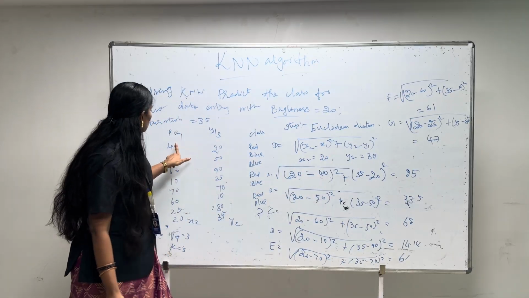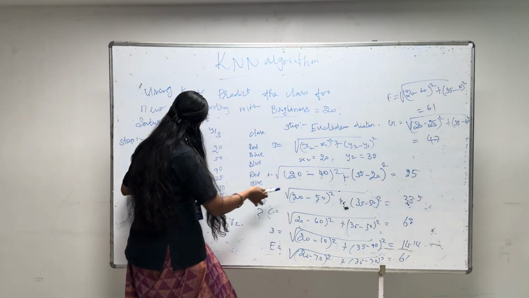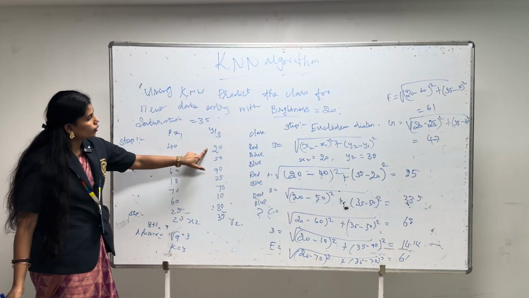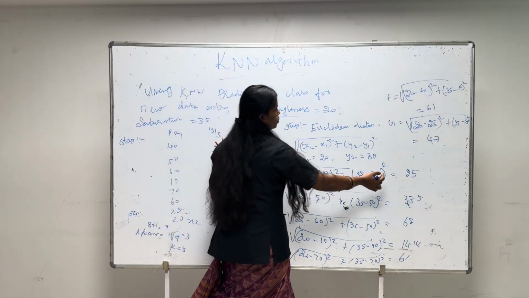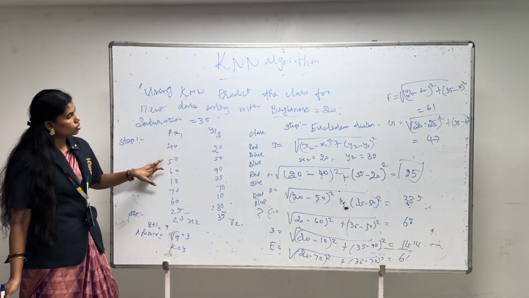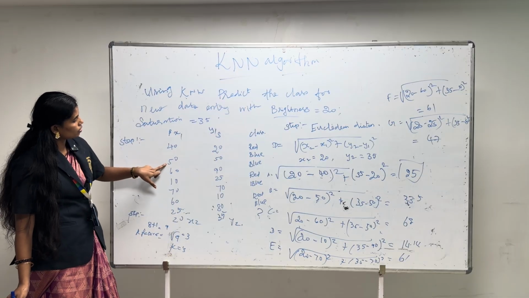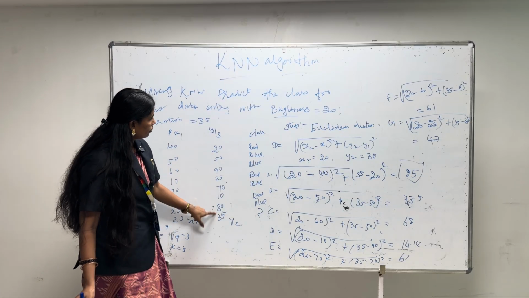So I calculated with x1 value 40 minus 20, and 35 minus 20, using the formula, and solving, I get the value 25. Next I chose the B class, 50 and 20: 20 minus 50 and 35 minus 50.